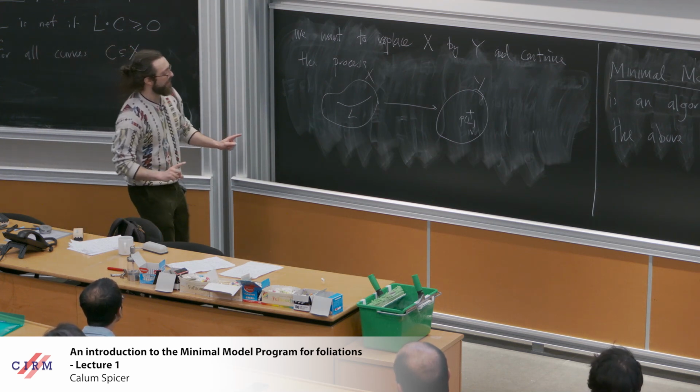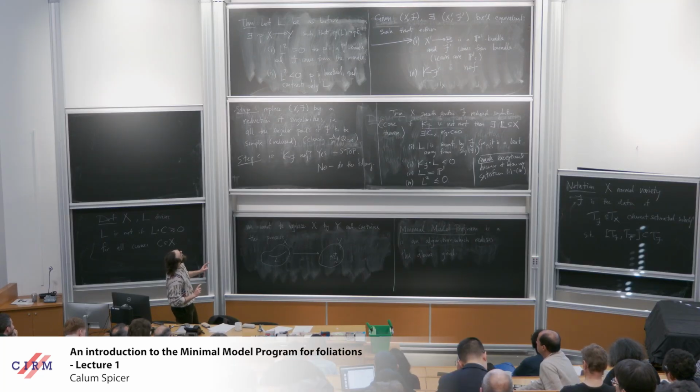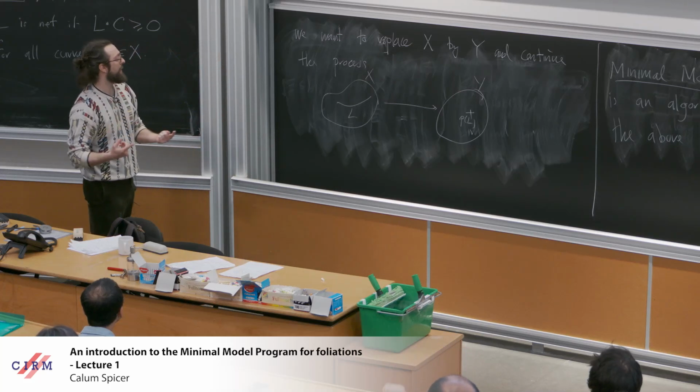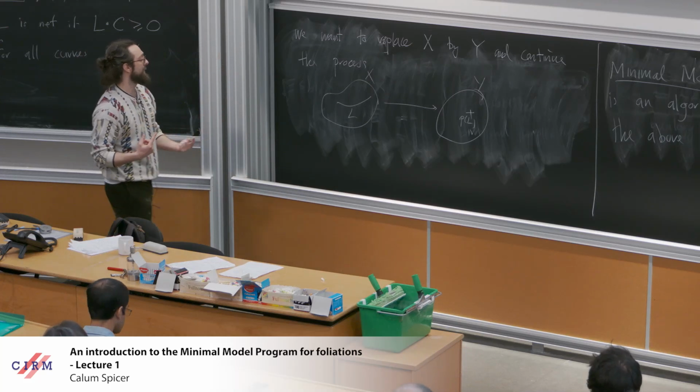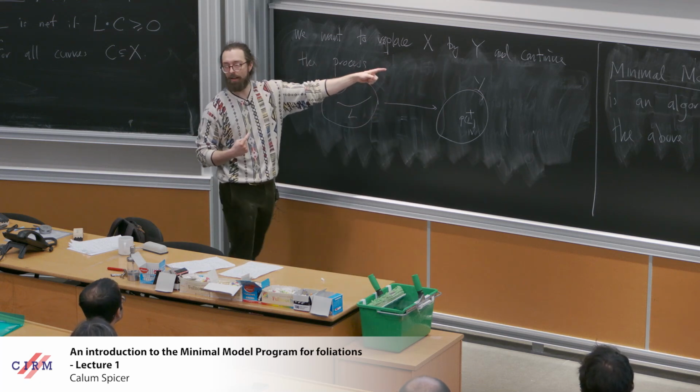There's a small rub. The issue is that in contrast to the minimal model theory of surfaces, if you know something about that, Y is usually singular as a variety.